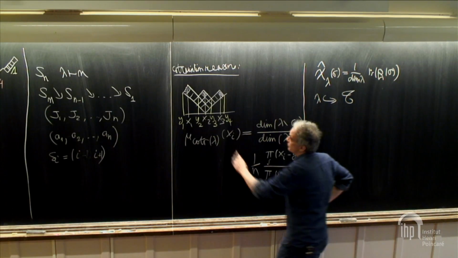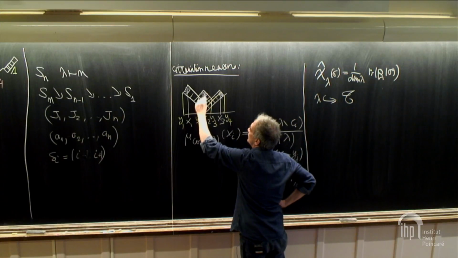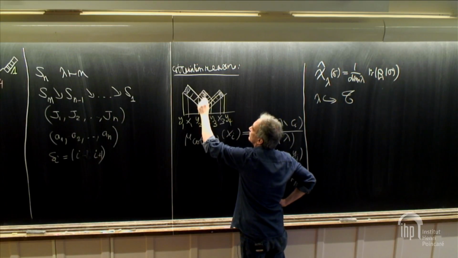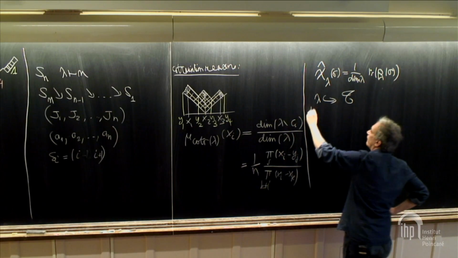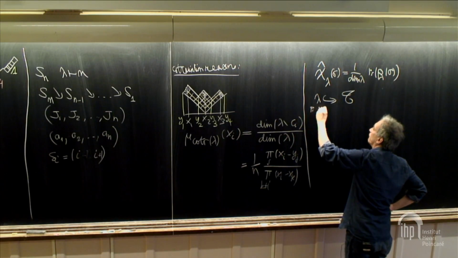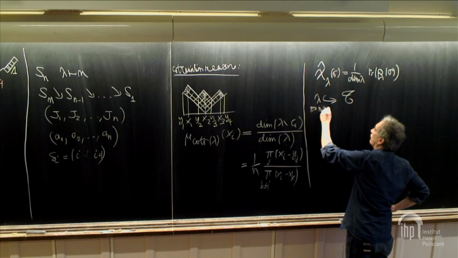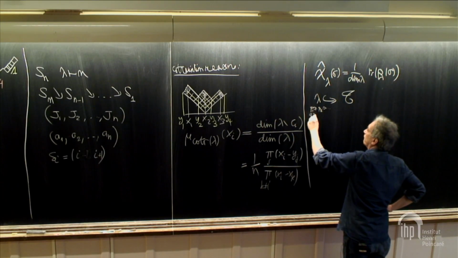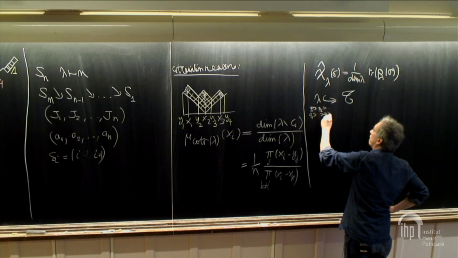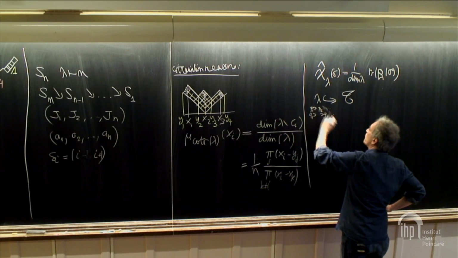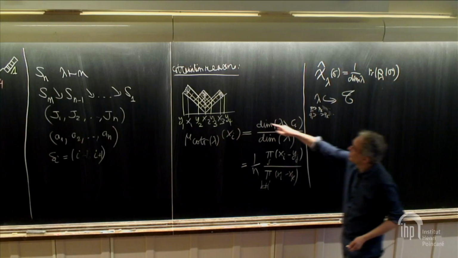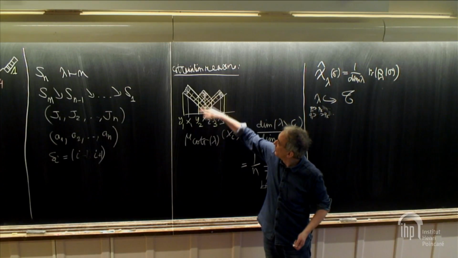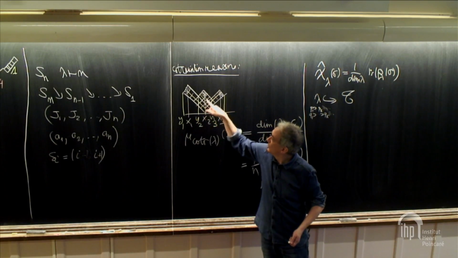The Frobenius coordinates were just the lengths of these diagonals here. So we have a sequence of positive numbers, P1 to Pk, which give these lengths, and Q1 to Qk, which give these lengths.